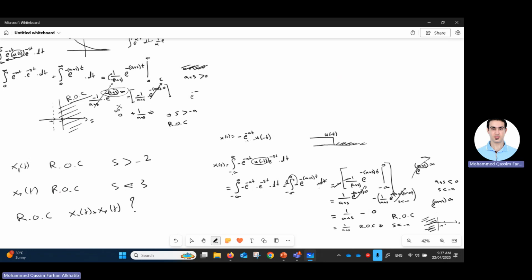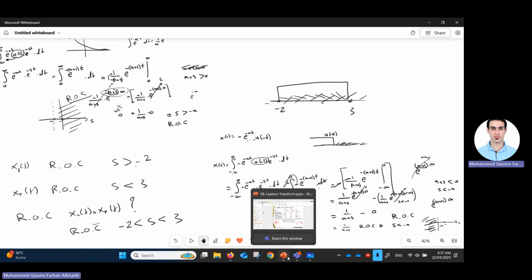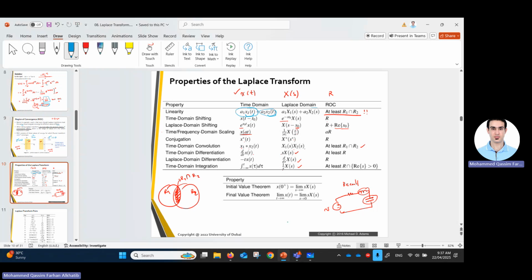It is basically the intersection between those. For the previous one, I have negative 2, so it is this region, s larger than negative 2. For the other function, 3, it is this region. So what is the intersection? It is this one. So the region of convergence for their addition is s larger than negative 2 and less than 3. Got it? So that's the first property.